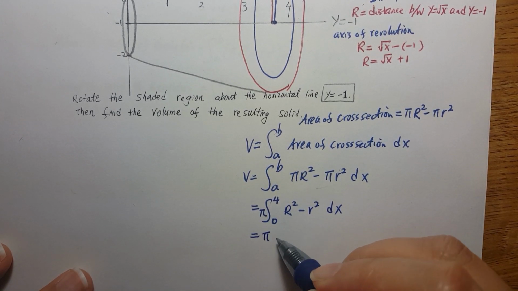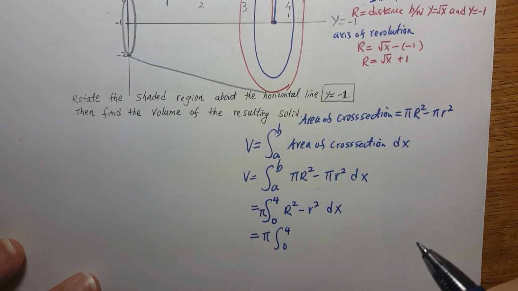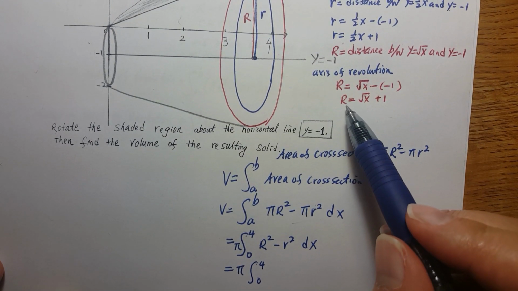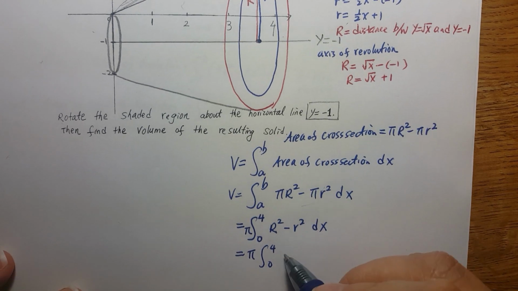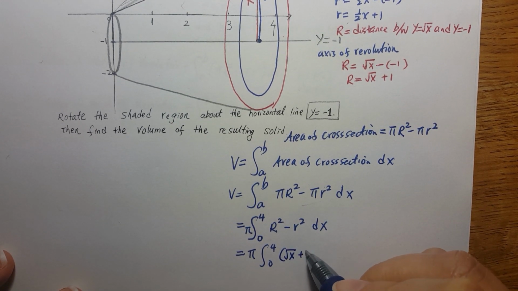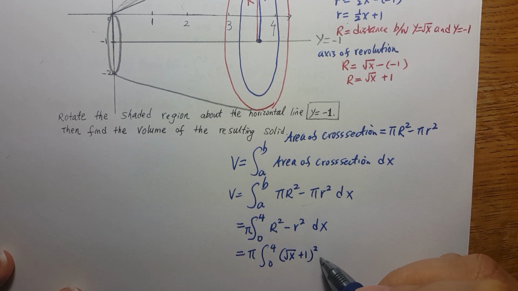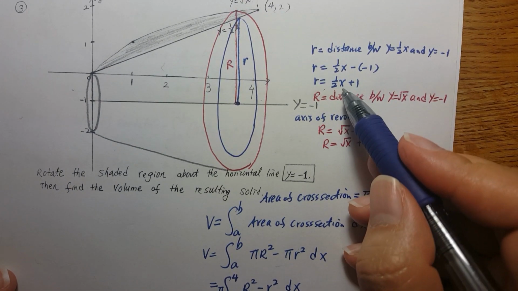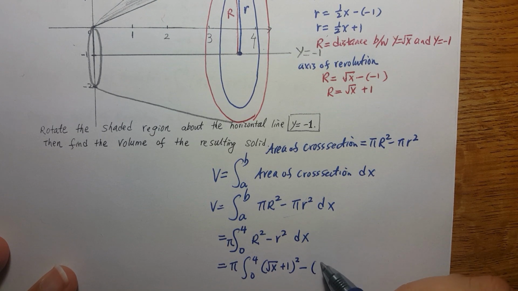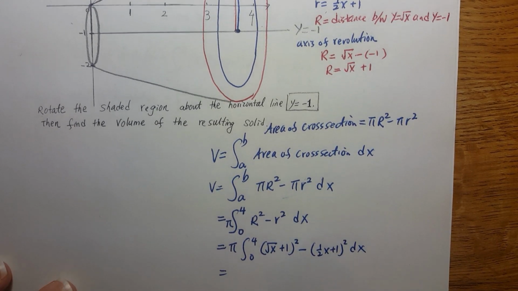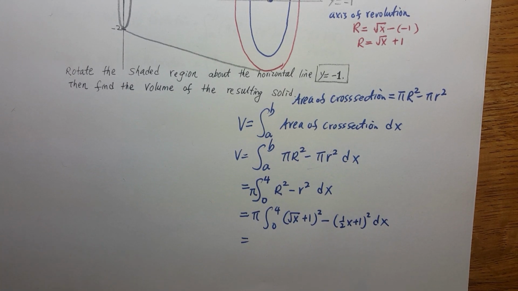So now I'm going to get pi, integral 0 to 4, and then we already found that the big R is a function of square root x plus 1. So you're going to get square root x plus 1 whole thing squared, and then minus your small r, which is going to be half of x plus 1. Okay, so now we got our integral.